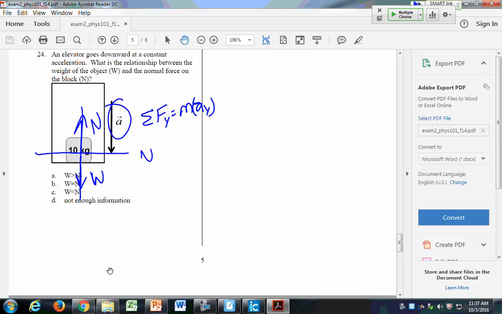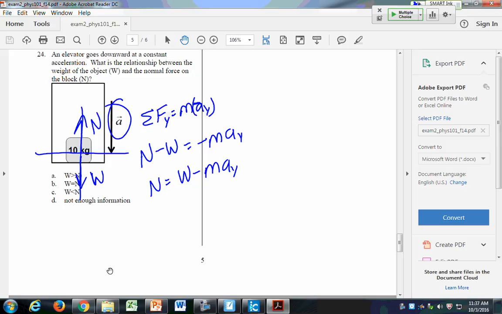So I have N minus the weight equals negative ma_y. I put in that negative because I know my acceleration is down. And then my normal force is equal to the weight minus ma_y. So my normal force is less than my weight because it's equal to the weight minus this value. So our normal force is A.